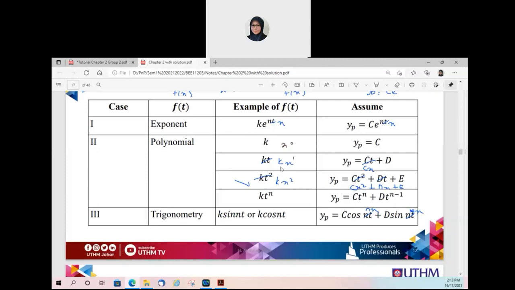If you have a constant and x, which means x to the power of 1, your yp will be cx plus d. If you have x square, then your yp will be cx square plus dx plus e.